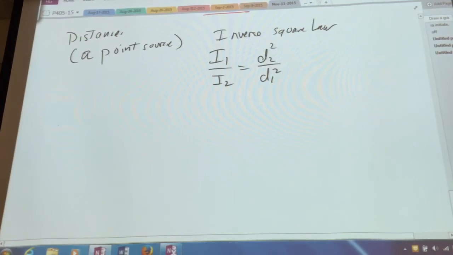Okay, we have another thing which affects the intensity, which is MAS. MAS meaning number of photons produced. More photons, more intensity.